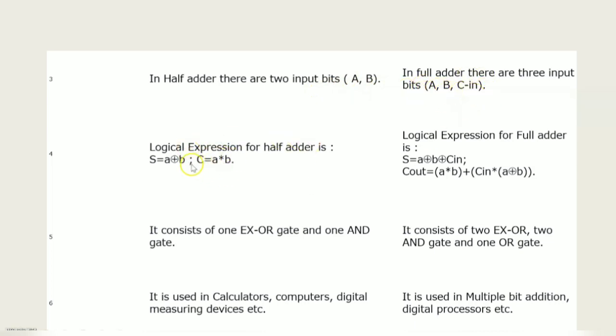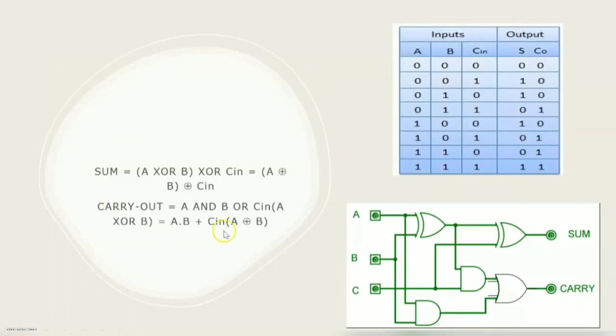The logical expression for sum is A XOR B, carry is A and B, that is A dot B. Here, sum expression for full adder is A XOR B XOR C in. Carry out is AB plus C in into A XOR B. I have also written that here.